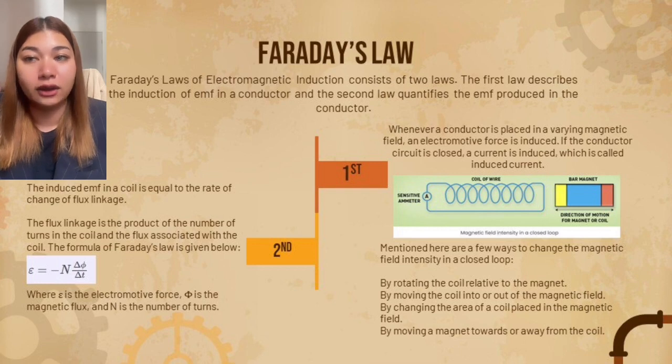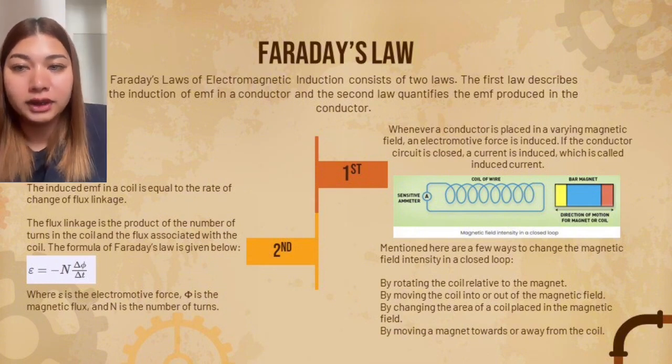First, the law that describes the induction of EMF in a conductor, and the second law quantifies the EMF produced in the conductor. First, whenever a conductor is placed in a varying magnetic field, an electromotive force is induced. If the conductor circuit is closed, a current is induced, which is called induced current.